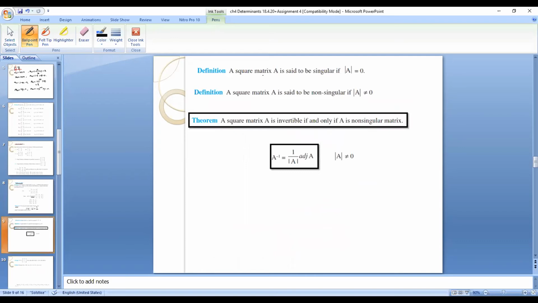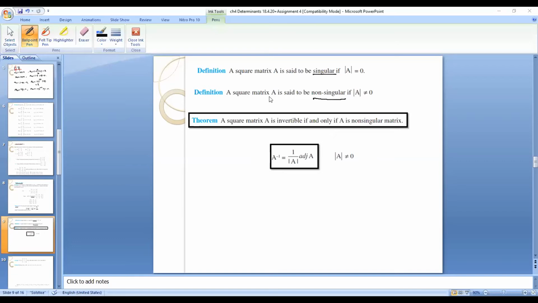Then we will be having two more definitions. What is a singular matrix and what is a non-singular matrix? You might have studied this in matrices also, but again we will be studying that a square matrix A is said to be singular if A determinant is equal to 0.